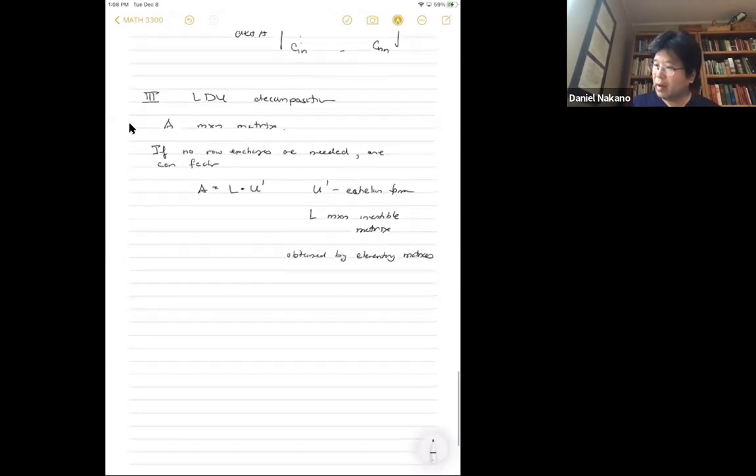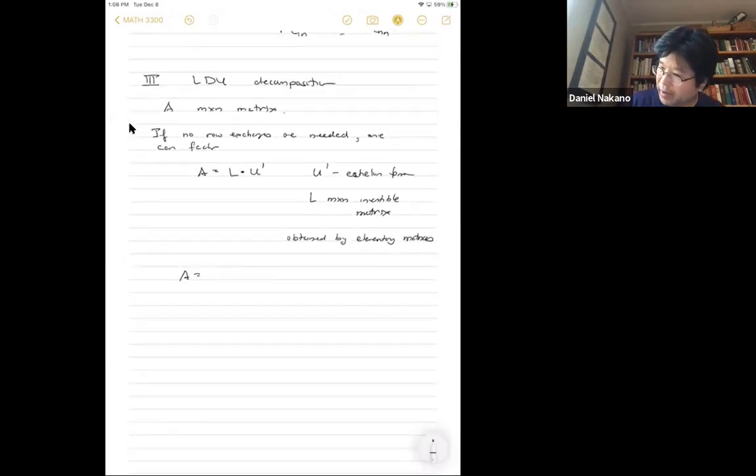And then you can factor U' in terms of D and U, where U is in echelon form with the ones as pivots, and D is a diagonal matrix.